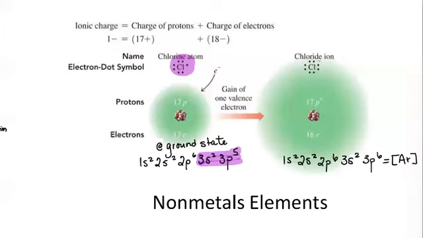And if we think about it in terms of how many steps it needs to take to achieve the electron configuration of a noble gas, it is easier to gain that electron than to lose 7 electrons. Because if you're losing 7 electrons, that is a lot of energy that you have to put in to remove from the atom to receive the electron configuration of neon.